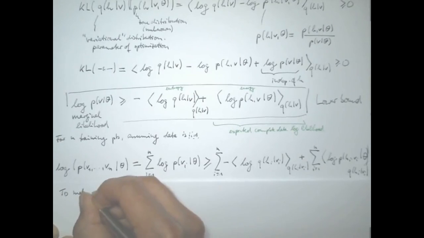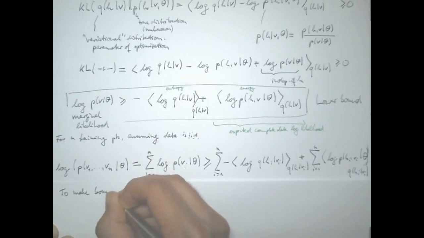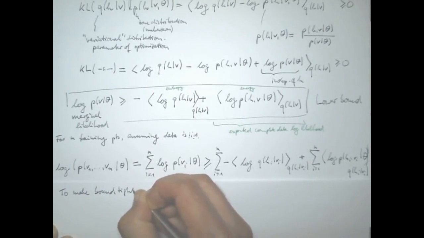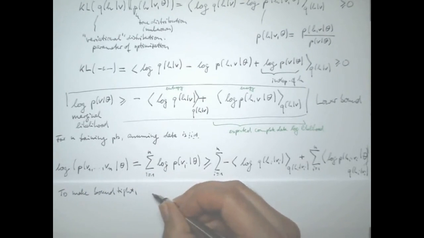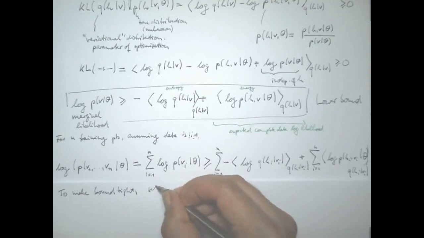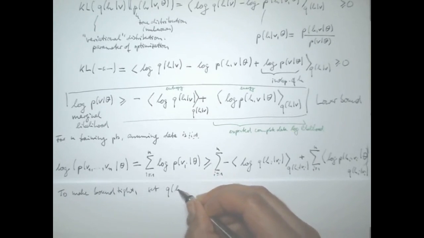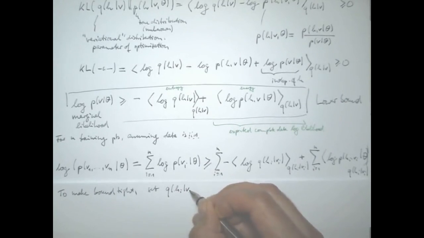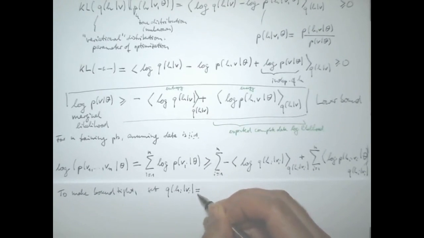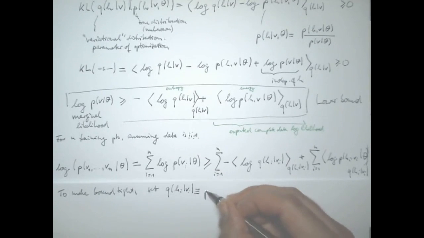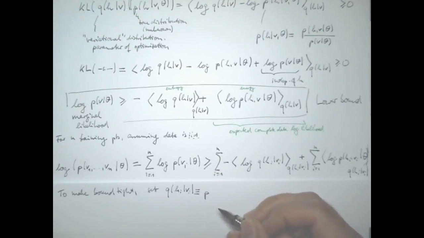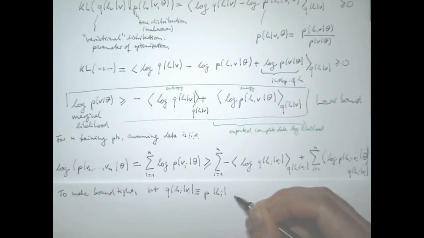To make this lower bound tight, we need to set this variational distribution Q of Hi given Vi to be the same as this true distribution P of Hi given Vi and theta.